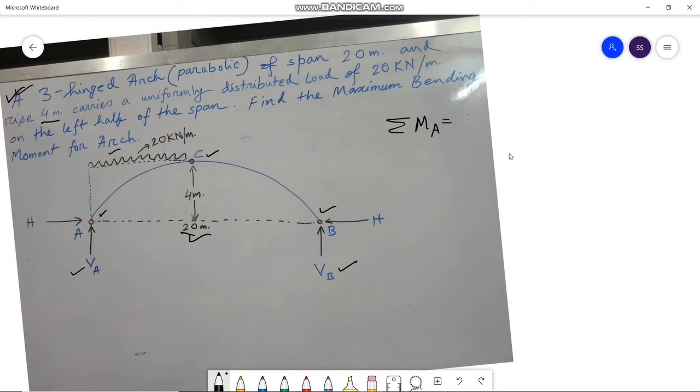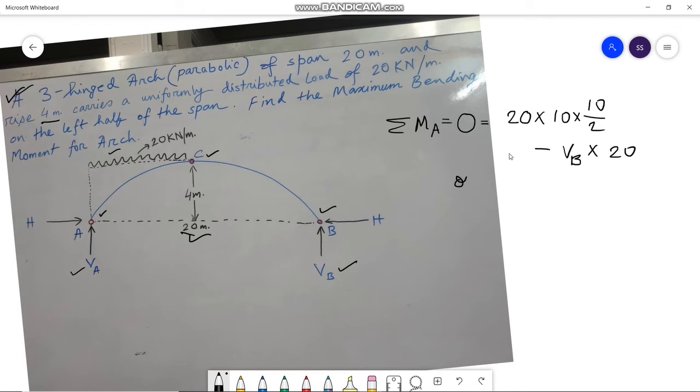We have summation of moment equals to 0. So we have moment 20 into 10 into 5, that is 10 by 2, minus VB into 20.